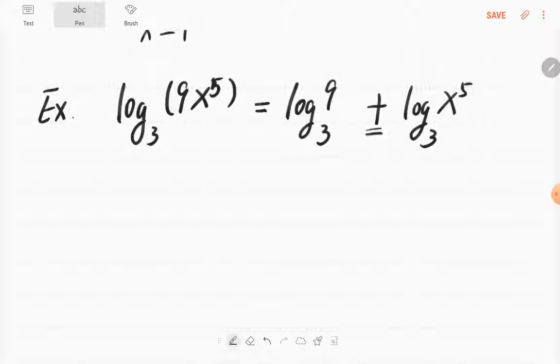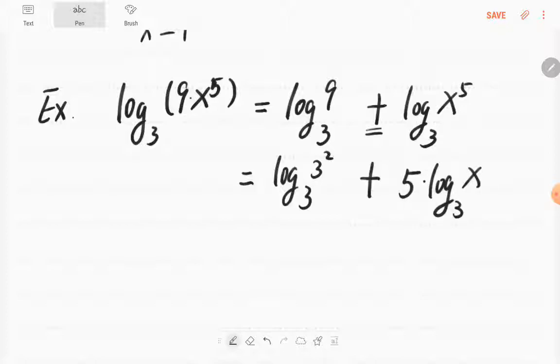So here is plus, here is multiplication, right? So we know that 9 equals 3 squared, so this would be 2. And plus, you can bring down this 5 in front of the log, so 5 times log base 3 of x. So this equals 2 plus 5 times log to the base 3 of x.